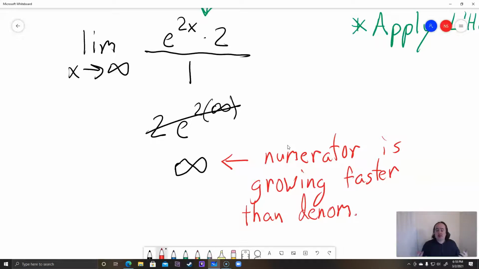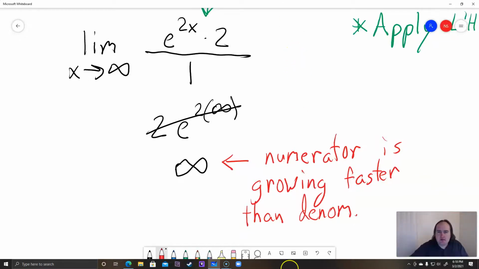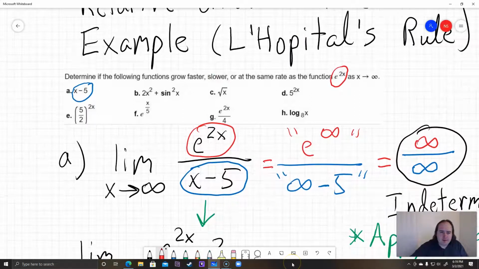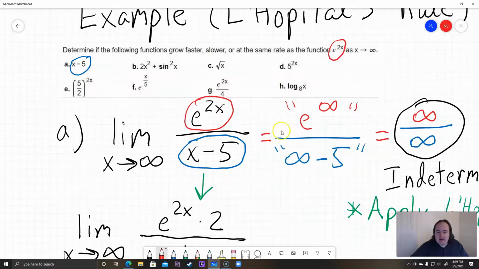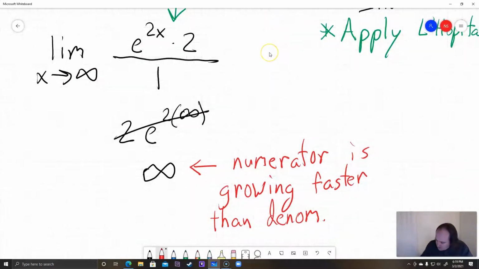Okay, and that's actually the first case. All right, so I wanted to get through the rest of these, so I'm going to pick up the pace a little bit. So this means that e to the 2x is growing faster than x minus 5. So that's actually going to be our answer.